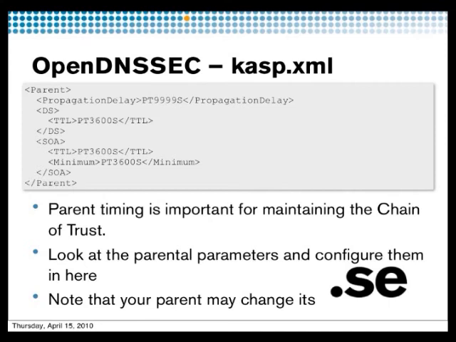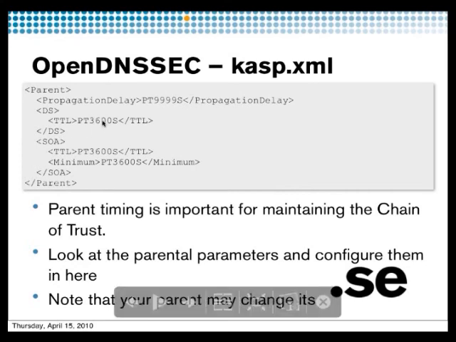Then we have some information about the parent. And this has to do with the KSK rollovers, because we want to know how quickly we can get up the DS records, and how fast it will go from .se out to its slave servers.